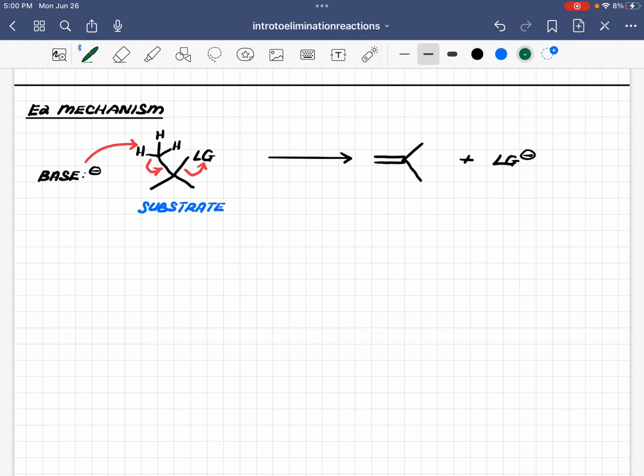So to summarize really quickly, in an E2 reaction, we have a base and a substrate reacting with each other.